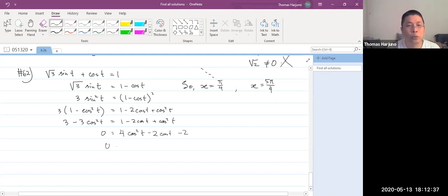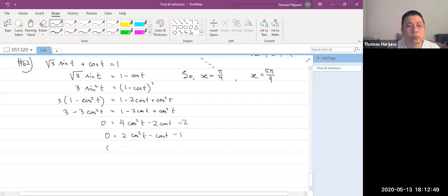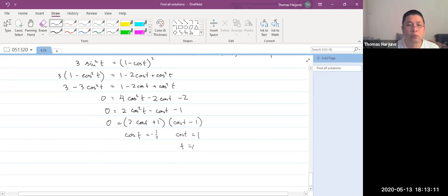I will divide by 2 and then factor. Cosine t equals -1/2, cosine t equals 1. t equals 0 for this one, and t equals 2 pi over 3 and 4 pi over 3.